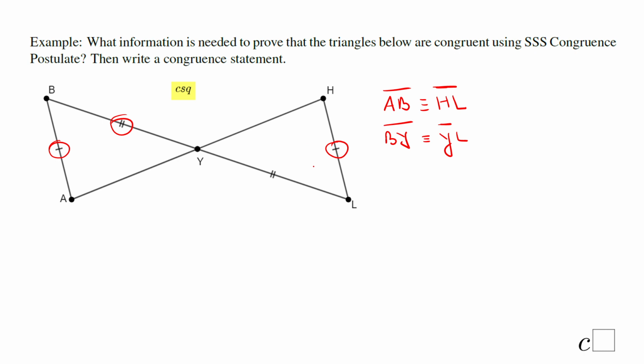And we need the third S, right? YL is this one. Which are these two guys? 1, 2, 3, AY congruent with YH. And you notice, by the way, I forgot to mention that you should be consistent and always start with the same triangle. So this, okay.